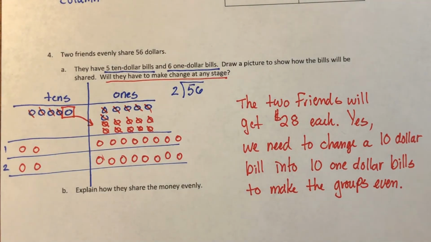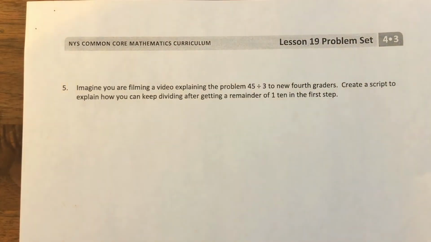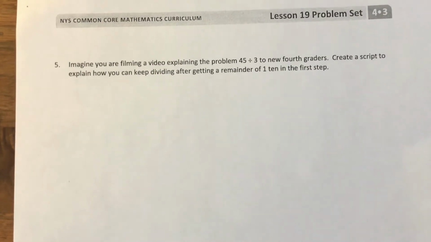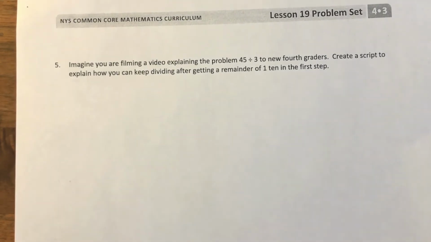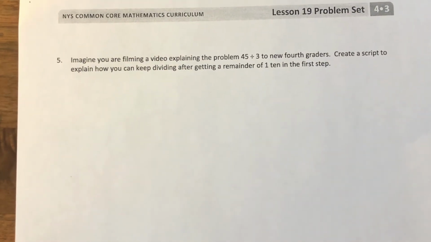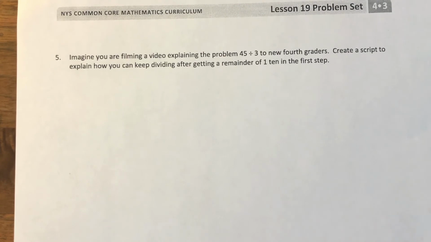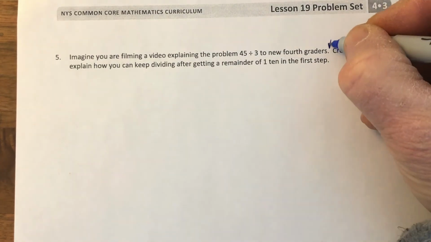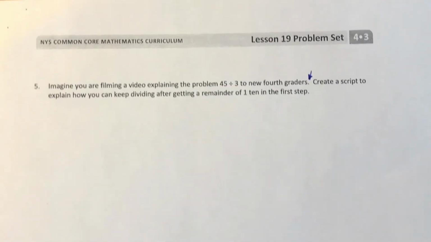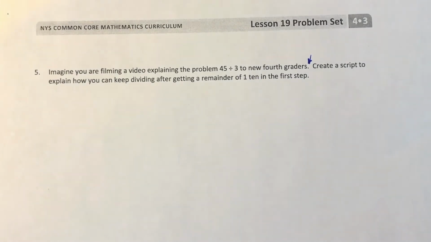Now we're moving on to our last problem. Let's see how this goes. Imagine you were filming a video explaining the problem 45 divided by 3 to new 4th graders.